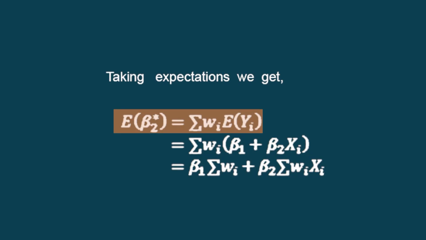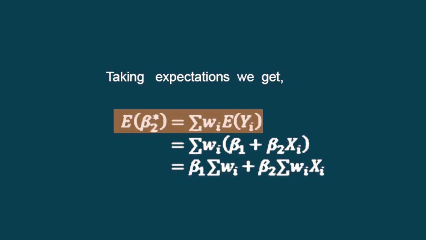Whenever we take the expectation on both sides, we write summation of wi as it is, but in the case of yi, we put an expectation before it, because yi is related with the error term as per our original model. So yi is a random variable, so we take an expectation of it.